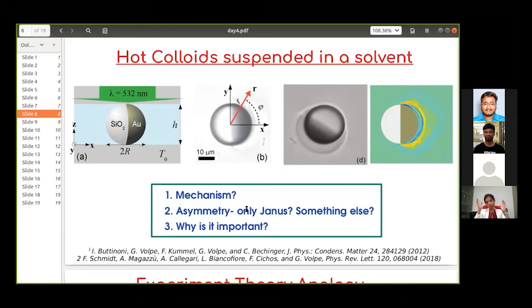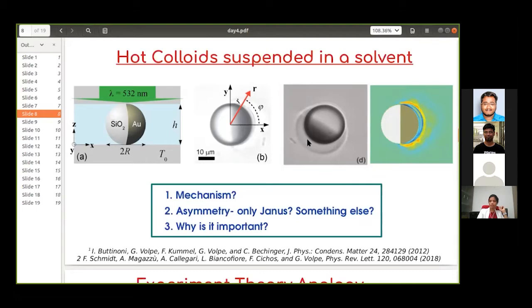All right, so the questions we are going to address in the next couple of slides are the following. First of all, what is the mechanism behind the motion of this colloidal particle? What is the mechanism behind the formation of this kind of asymmetric structure around the particle?